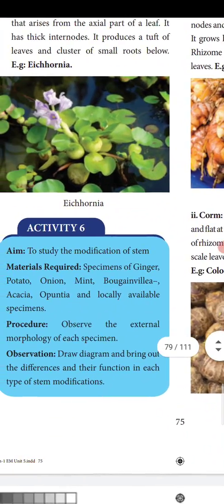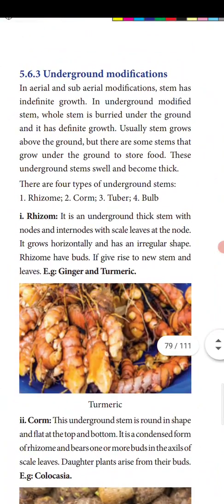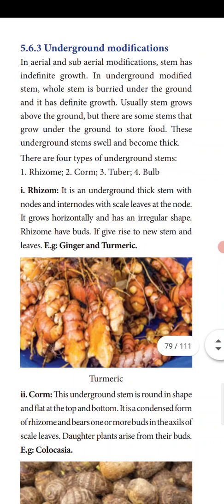Next we have studied underground modification. Subaerial modification has indefinite growth. In underground modification, the whole stem is buried under the ground and it has defined growth. Usually the stem grows above the ground, but some stems grow under the ground to store food.